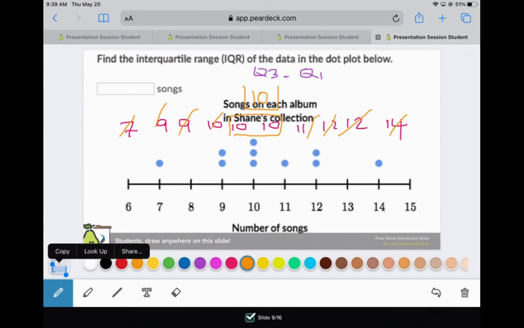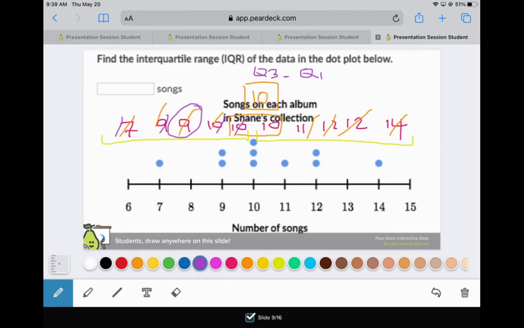That is one of my medians. This is my lower half, and this is my upper half. Notice when you combine those two, we have the number in the middle, so I'm still using that 10. Now I can find my second median, which is 9. Then I can find my third median, which is 12. So this is Q3, this is Q1, this is Q2.